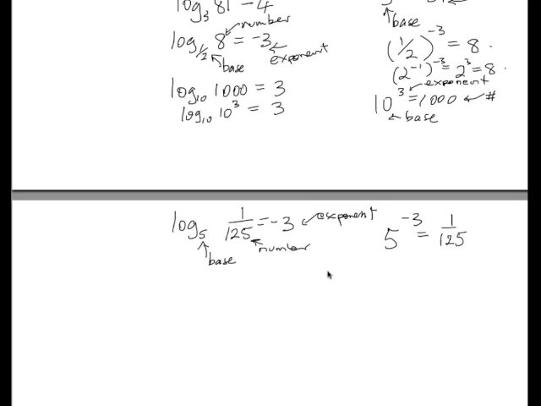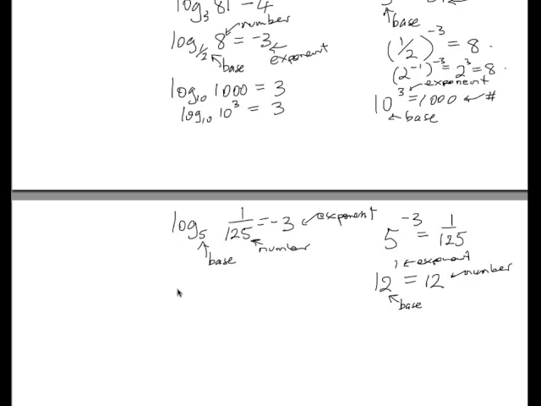All right, let's suppose I have 12 to the 1 is equal to 12. Well, we certainly know that. 12 to the power of 1 is 12. All right, well, this is the base now. This is the exponent, and this is the number.